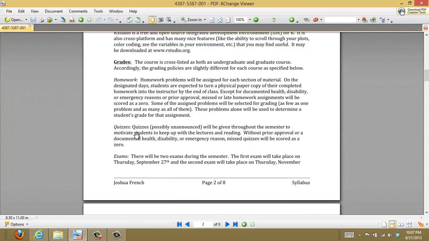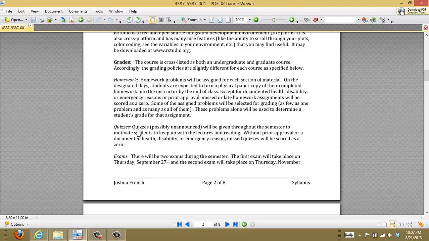So in terms of grades, as I mentioned, this is a cross-listed course, and because of that, there are some distinctions that you want to be aware of. So homework is going to be one aspect of your grade in this class. I'm going to assign homework about once a week, pretty much for every single chapter. And on the designated day, I expect you to turn a physical paper copy in to me.